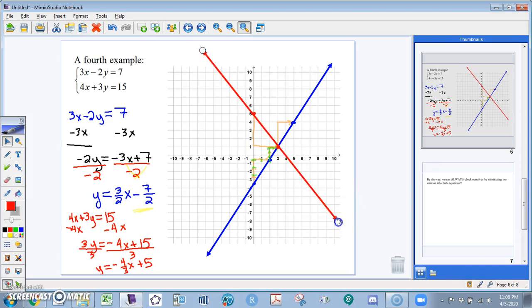Make it look like it would if I were doing this by hand. Almost there. Yeah, you're going to have such an easier time doing this on your own with the straight edge. Just put your 2 points, put your straight edge down, and quickly you get there that the point of intersection is 3, 1. That is called the solution to the system of equations.